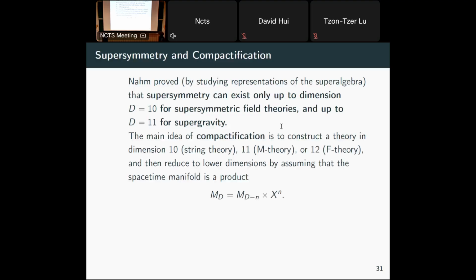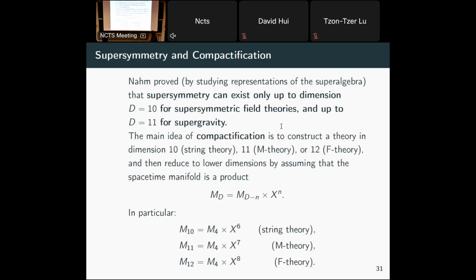Wonderful paper. And so the idea of compactification of supersymmetric string theory, or later Witten came up with M theory to unify 5 different string theories. And then there's a new thing called F theory. So string theory is 10 dimensional, M theory 11 dimensional, F theory 12 dimensional.